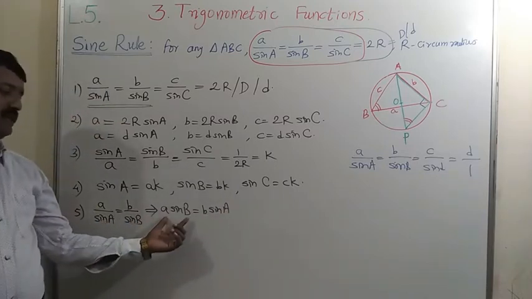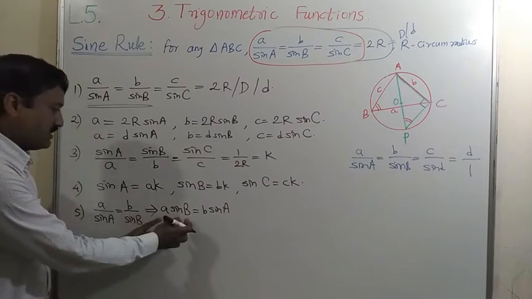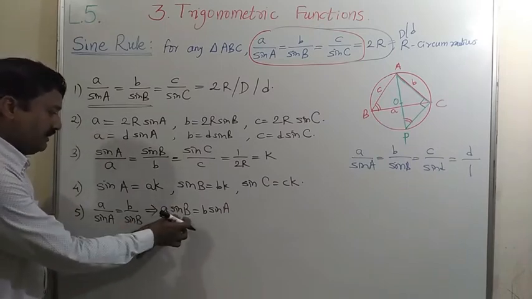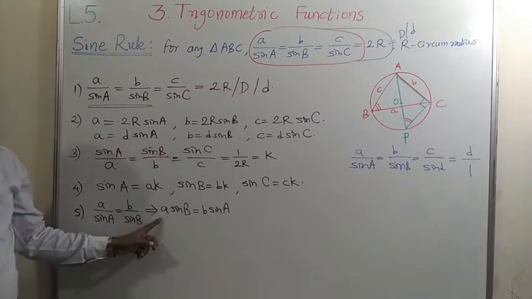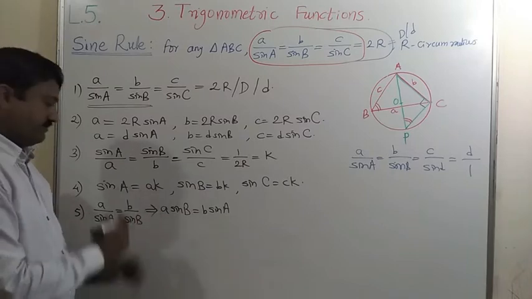Whenever one side and one angle are given, we can interchange these two. Hence, this capital B will become small b, and this small a will become capital A. So we can change A and B.